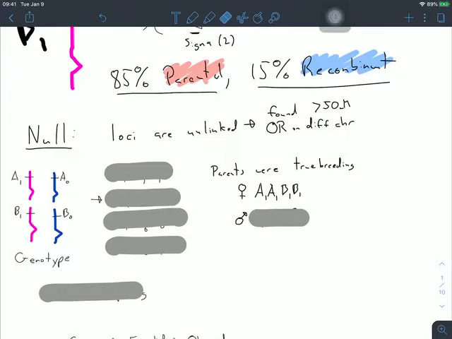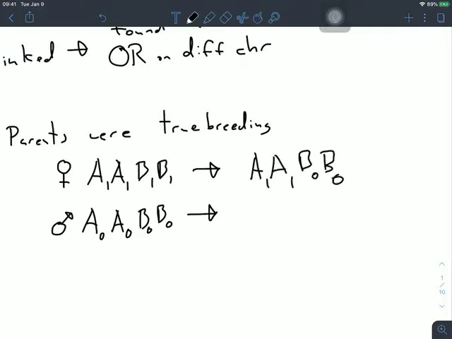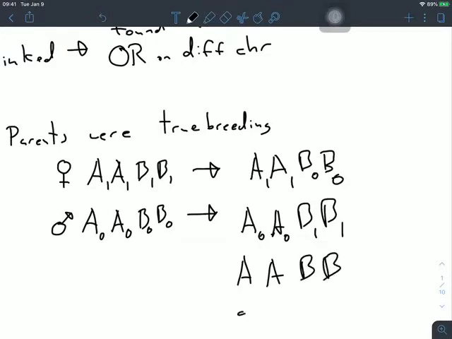Dad was homozygous A0A0, B0B0. Now, alternatively, be ready for questions where the parents could be true breeding A1A1, B0B0, and A0A0, B1B1. Or capital A, capital A, capital B versus lowercase a, lowercase b. These are all true breeding parents.